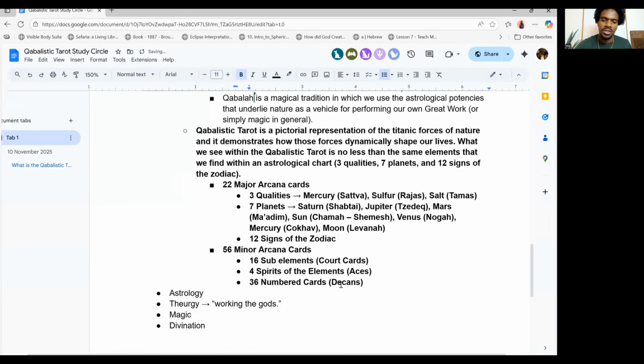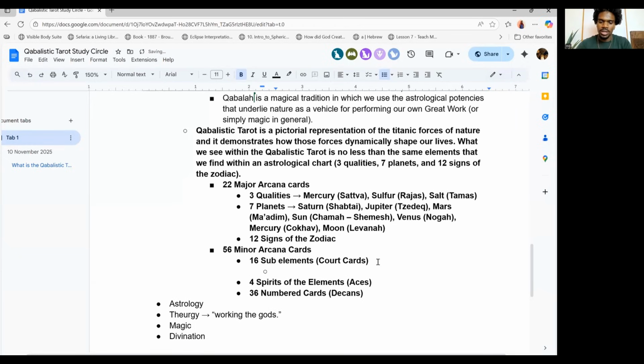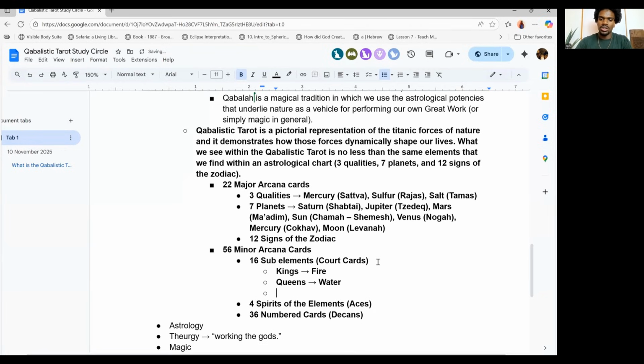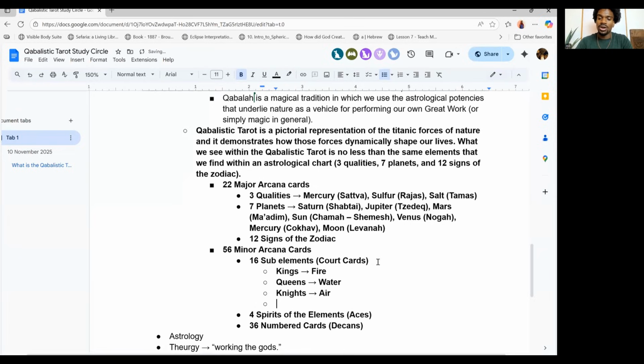And then from there are 56 Minor Arcana cards, the 16 sub-elements or court cards, in which all the kings are fire, all the queens are water, all the knights or princes are air, and all of the pages or princesses are earth.